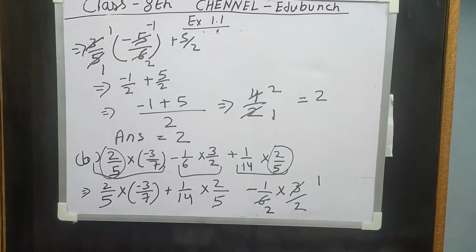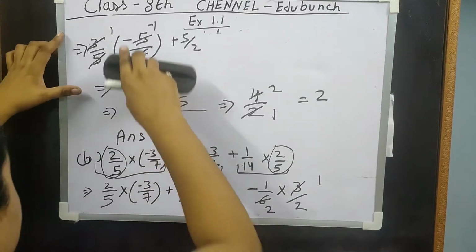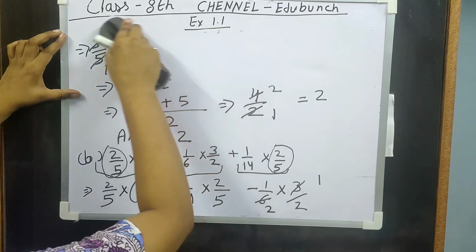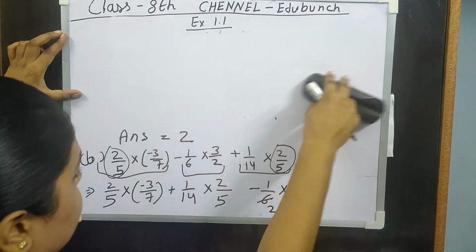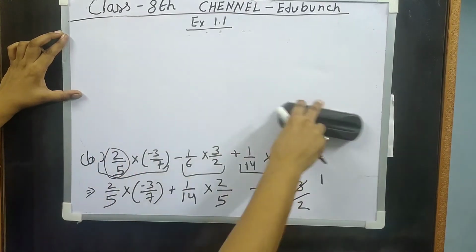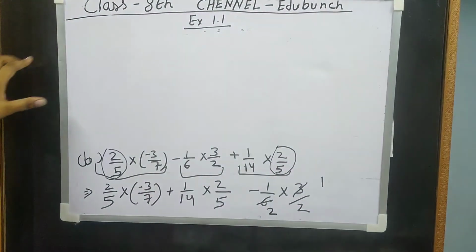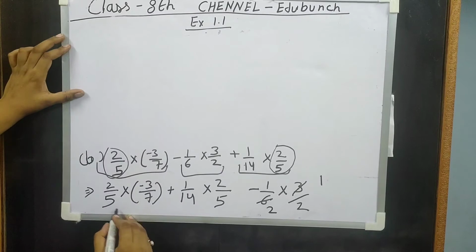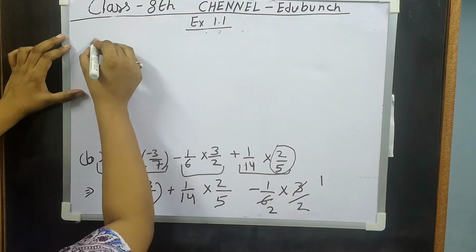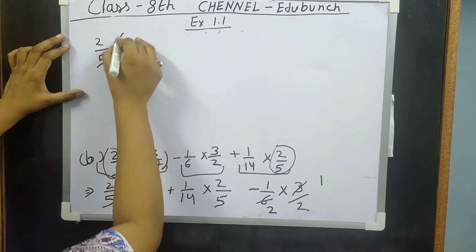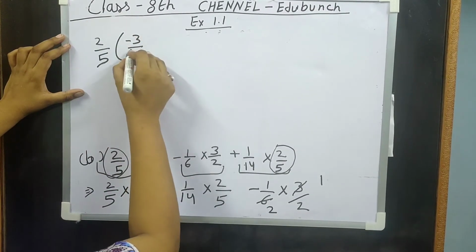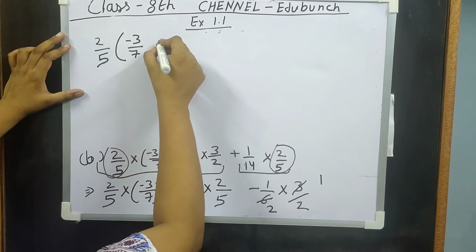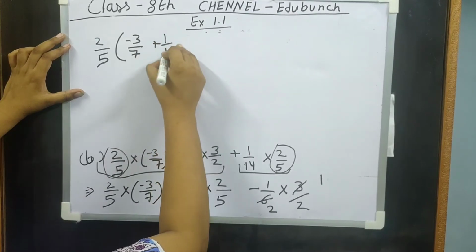Now we will move towards the next step of the same question. Our next step is to take 2 upon 5 as a common. 2 upon 5 we are taking as a common, and then our value is minus 3 upon 7 plus 1 upon 14.